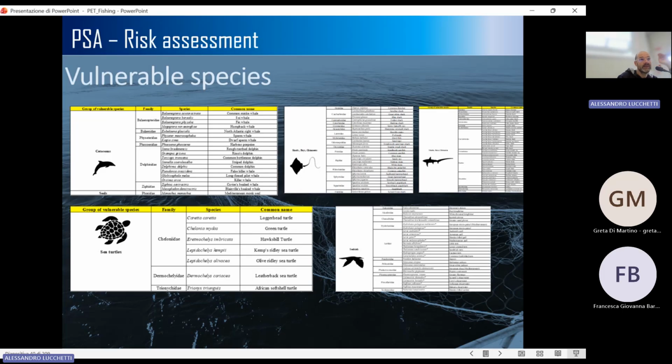The ICES is the organization, the scientific organization that mostly focused on the Atlantic and the North Europe, but in some way also in the Mediterranean. GFCM and ICES have different list of species for the vulnerable species. Therefore, this complicates a bit the story.